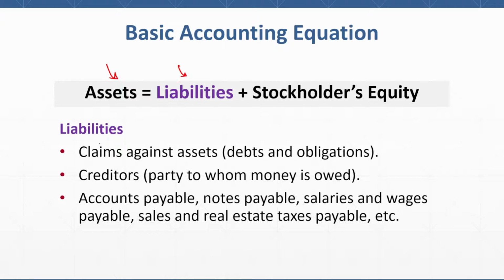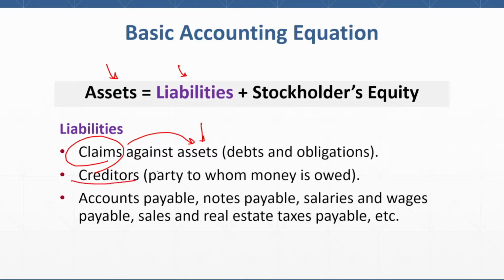So that was assets. Next is liabilities. Liabilities are claims against assets. What does that mean? It means lenders and creditors can claim against what we have. They can come and take our money because they have lent us money, right? Their money is in our hands, so they have the right to claim against our assets.